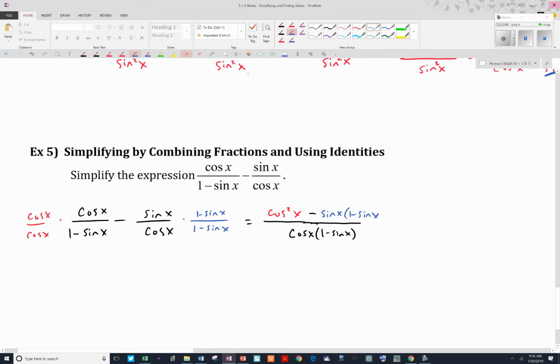A couple of different routes that we could go here with this. I think I am going to distribute that negative sine of x through and get cosine squared minus sine of x minus sine squared. Actually, it's going to be plus, isn't it?